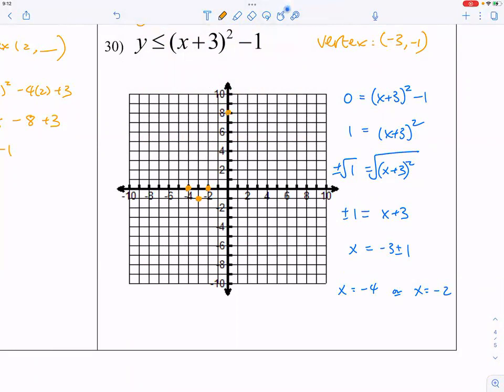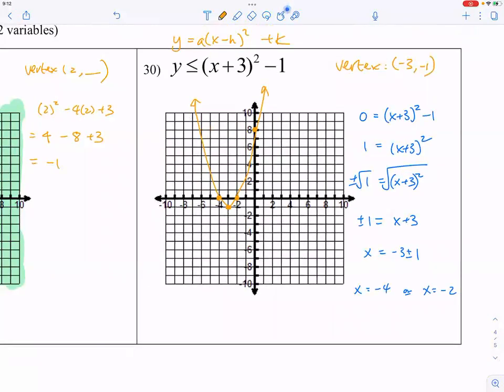The y-intercept is right here, (0, 8), because when you put in 0 for x, you get 0 plus 3, which is 3, and then squared, you get 9. 9 minus 1 is 8. So you can now make your beautiful graph. And then we say y is less than or equal to.